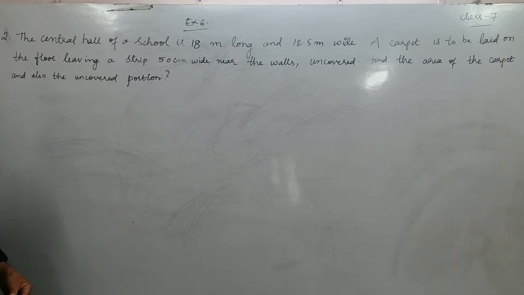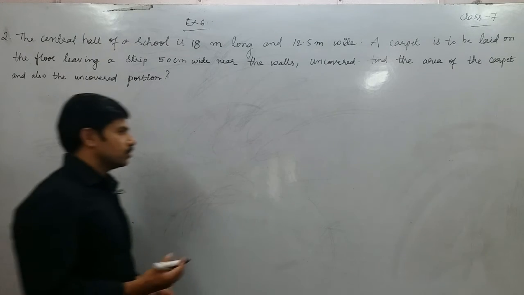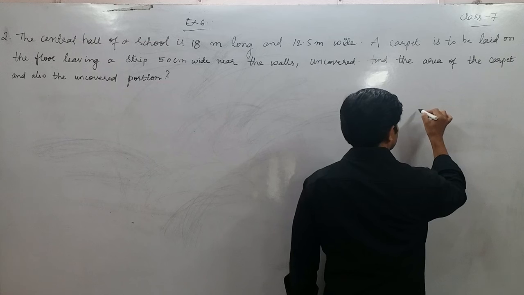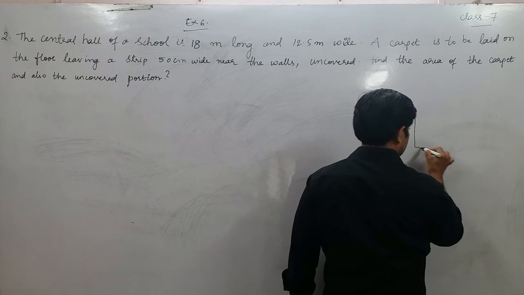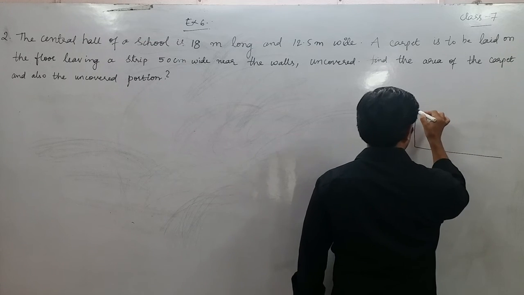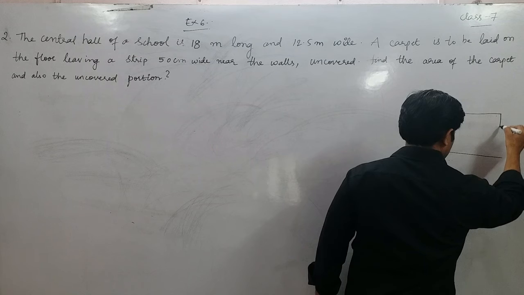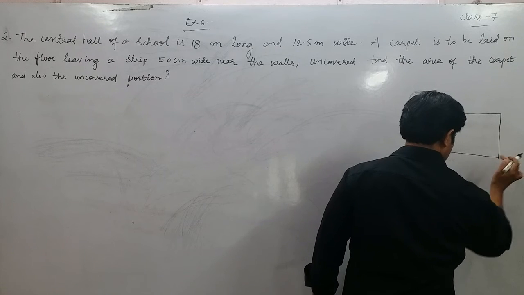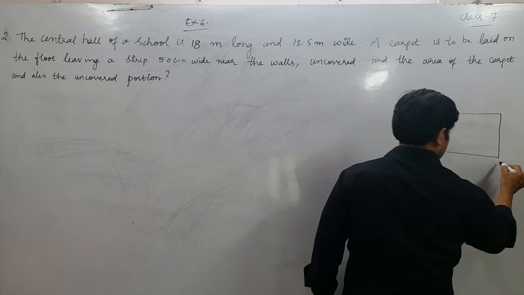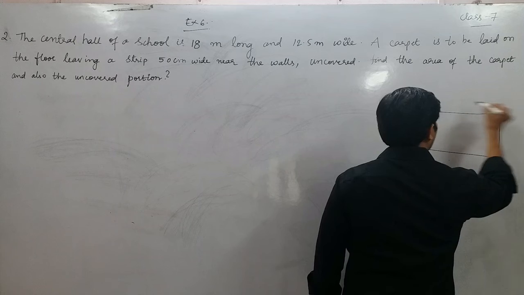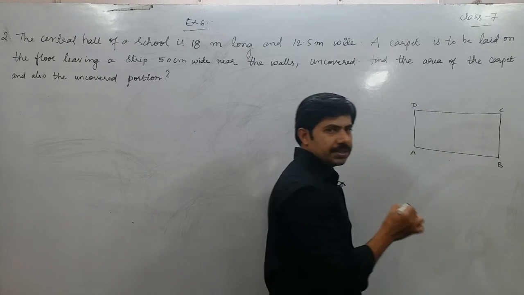See, the central hall of a school is 18 meters long and 12.5 meters wide. So we'll draw that. A, B, C, D is a hall.